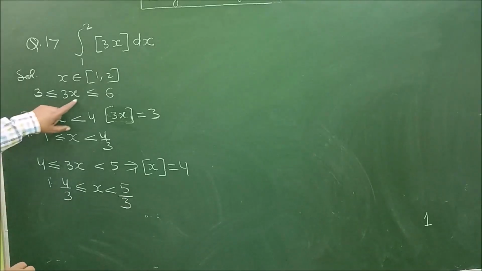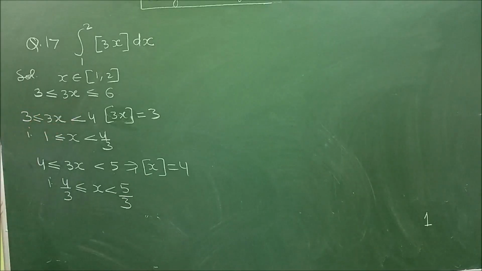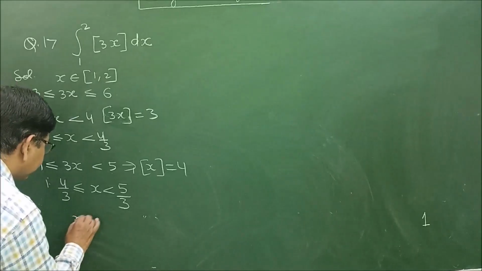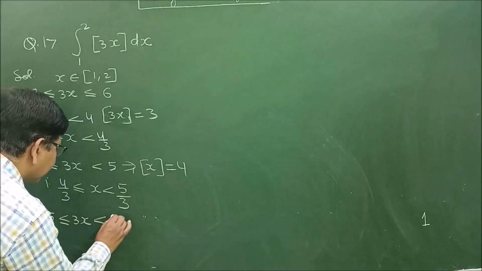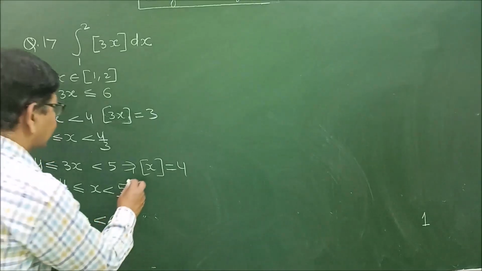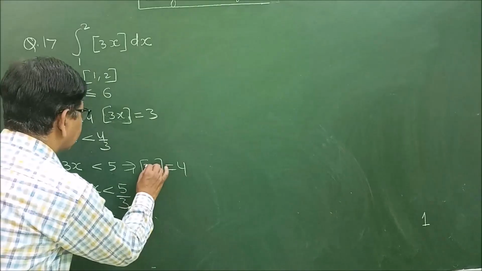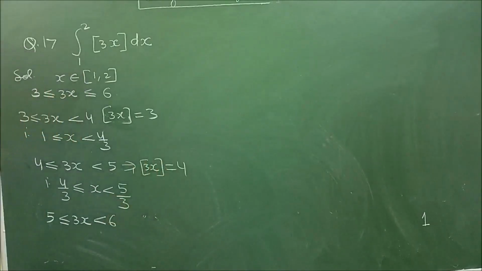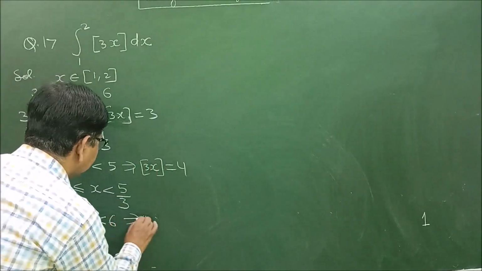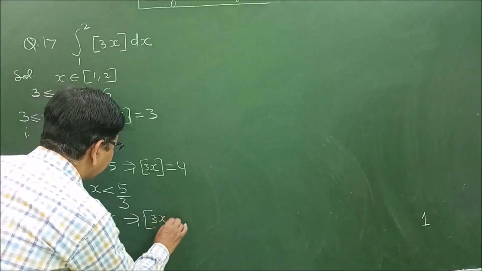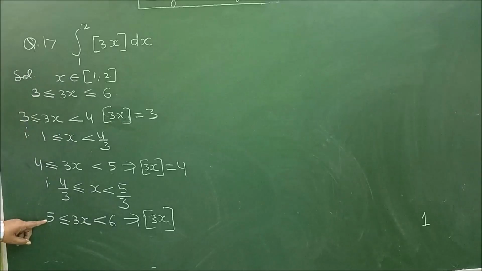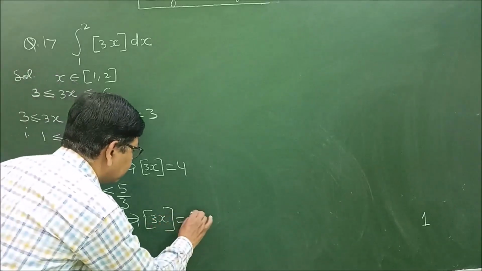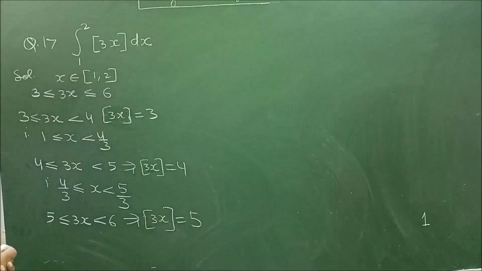Now when the value of 3x lies between 5 and 6, I must write that the greatest integer of 3x is equal to 5, the least value.